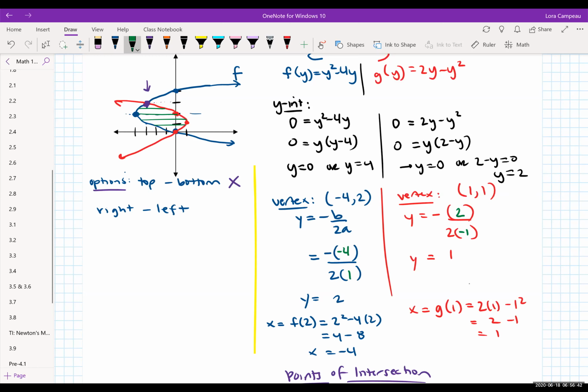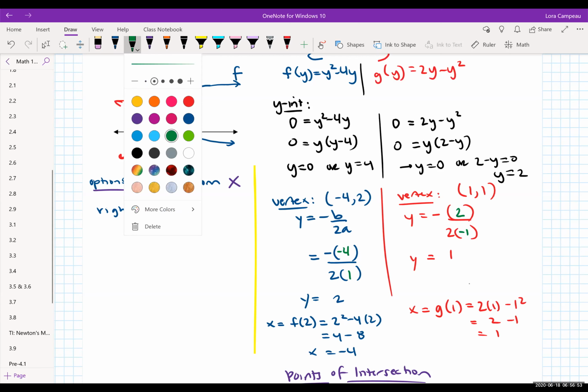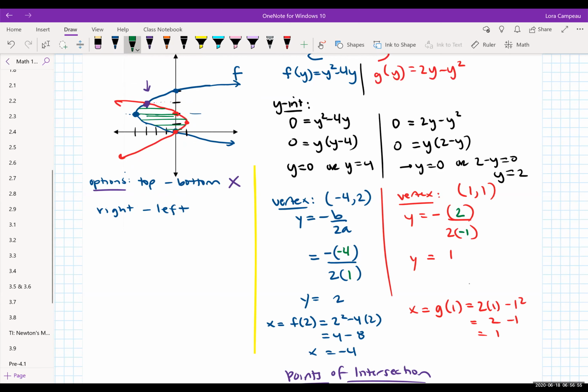And in all cases throughout that entire region, you only hit the curve once each time. So this is going to give us a good idea. Let's draw our sample rectangle, or sample slice, I should say.